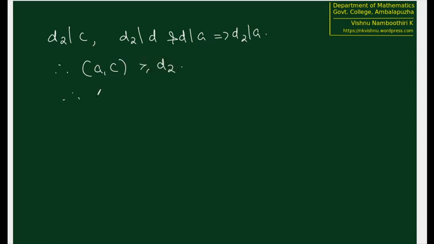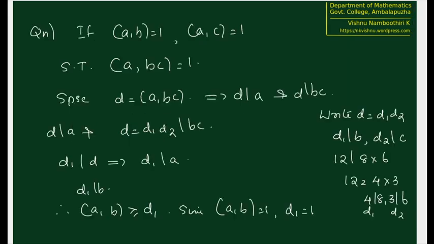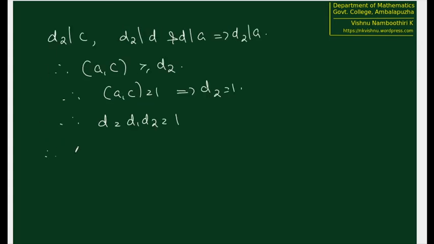So what we can say, GCD of A and C is 1 implies D2 must be equal to 1. So D equal to D1, D2 equal to 1 into 1 is equal to 1. So what is the GCD of A and BC? Therefore GCD of A and BC is nothing but 1. So we established what we claimed.